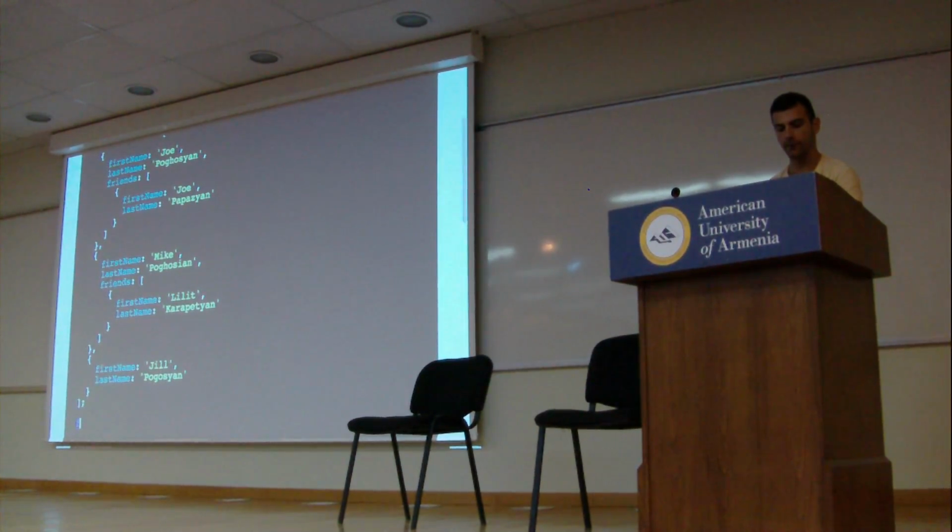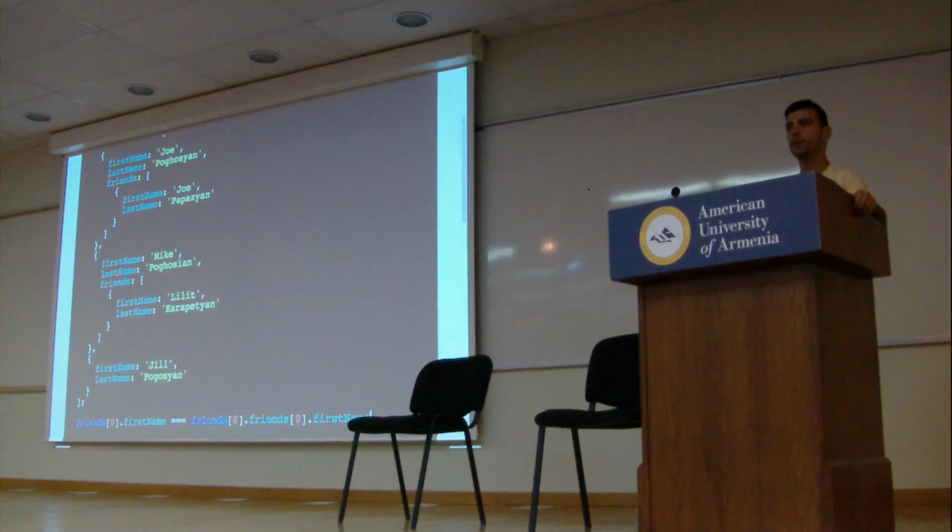We want friend 0 dot first name triple equals friends 0 dot friends 0 dot first name. Is this true? Is anyone saying false? Yeah, is this true?